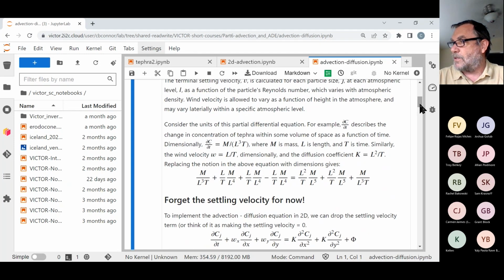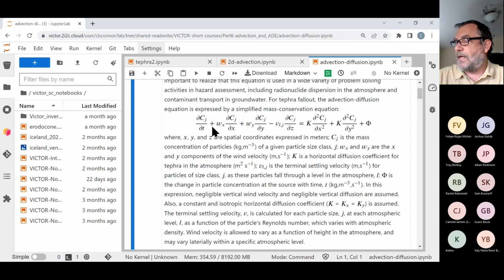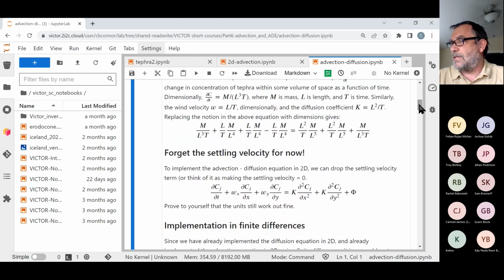And then if I go to the next term, you can see I've got a velocity times the concentration as a function of x. And you can prove to yourself that represents this, that is the length over time is the velocity, and the mass divided by the length scale to the fourth is the cubic meters times the dx, right?